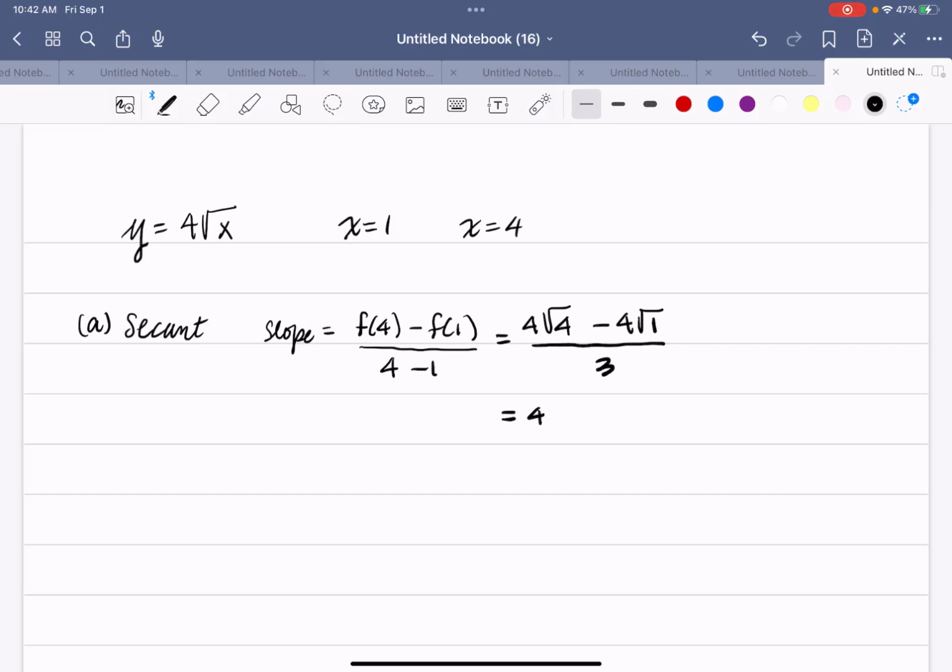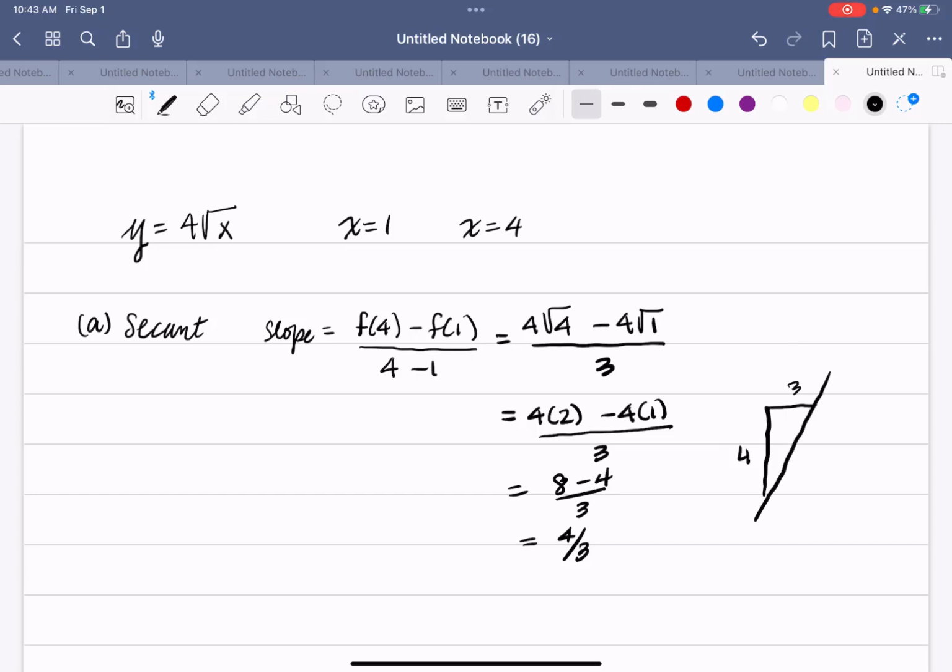So that's 4 times 2 minus 4 times 1 divided by 3. 8 minus 4 over 3 is 4/3. So our slope is a fraction this time, and that's fine. The rise is 4, the run is 3, and so that would be a slope that looks like that.